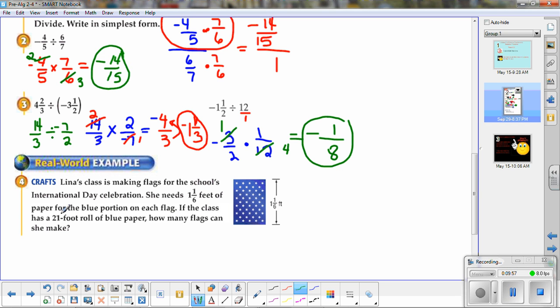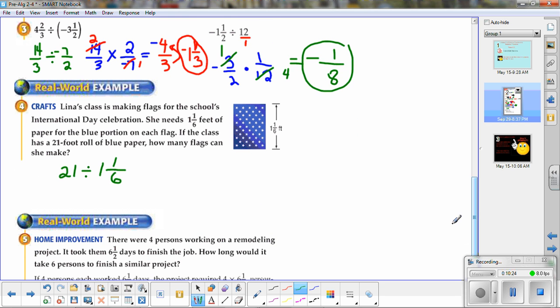If the class has a 21-foot roll of blue paper, how many flags can she make? Well, if we want to know how many she can make, if each one needs 1 1/6 feet, we're going to take our total amount of paper, which is 21, and divide it by 1 1/6 because we want to know how many 1 1/6 go into 21.